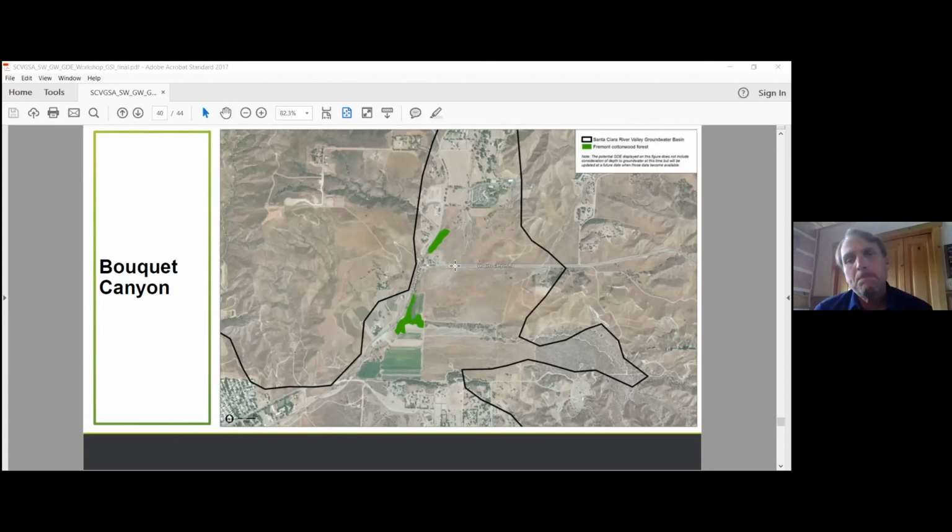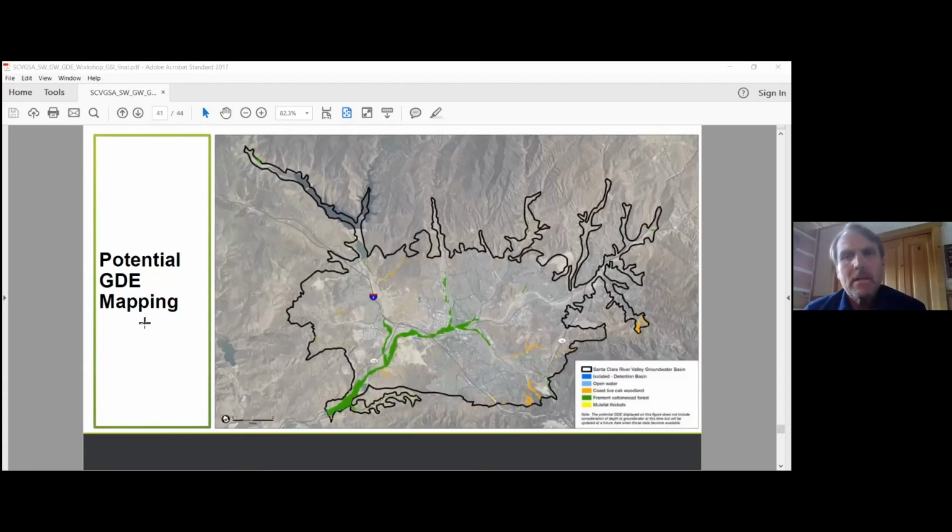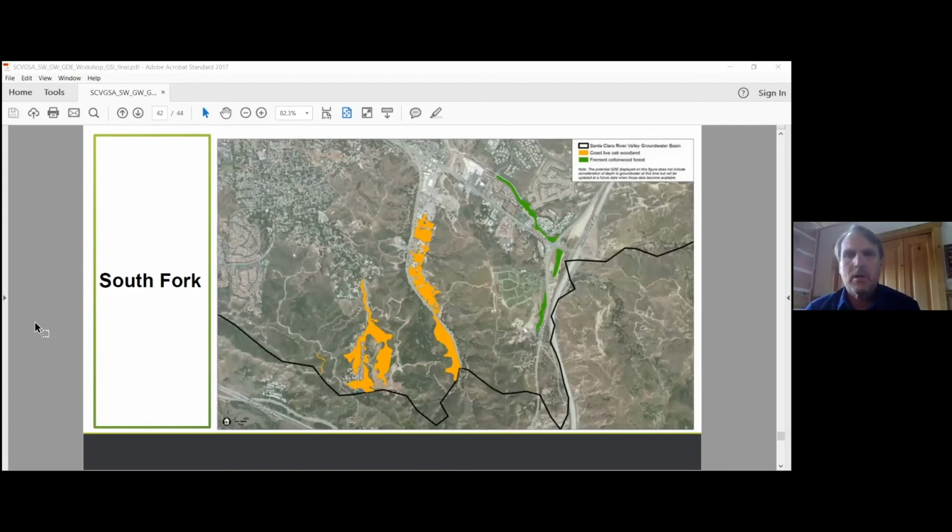Next slide. So back again to the whole watershed, showing the large extent. I'm going to zoom into the southern fork, which is down there at the bottom, just to give you again an indication that we've tried to capture pretty good detail and granularity in this data set. So here we have coast live oak woodland and the Fremont cottonwood forest in green.